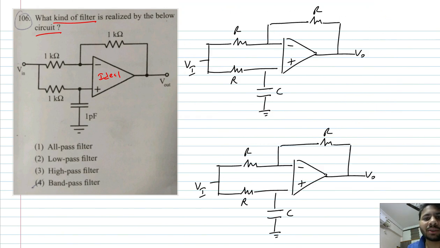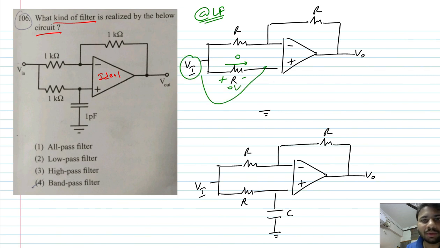So now we'll just find the gain at low frequency and also at high frequency. First, we'll find the gain at low frequency. At low frequency, the capacitor can be removed because it behaves like an open circuit. Look at this, I simply remove the capacitor. Now, no current will flow in this R, so no drop across this R. So this VI will directly appear at the plus input terminal.